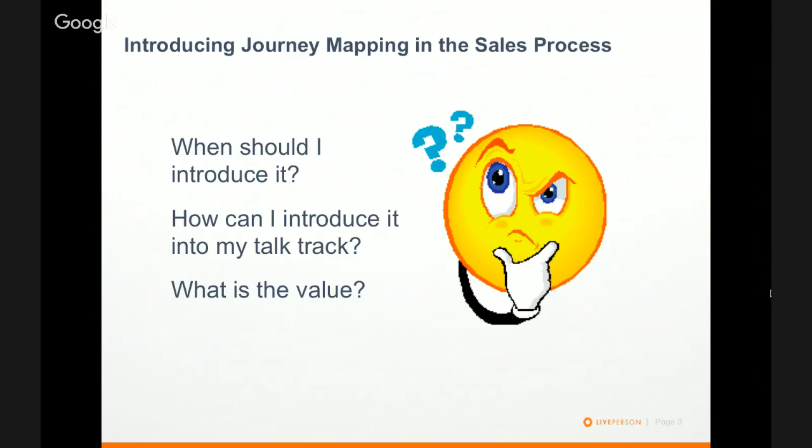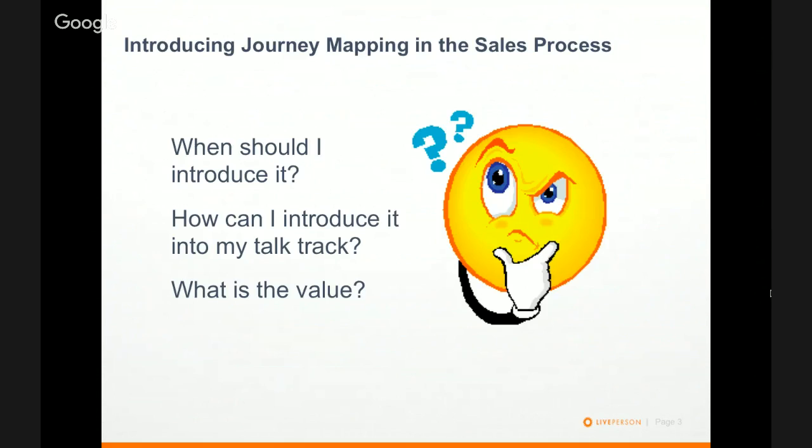So one of the ways that it was valuable is that it immediately focused our conversation around how LivePerson can help the brand achieve their goals. So instead of focusing the conversation around ourselves or around our platform, it immediately focused it in a way that is very relevant for them.